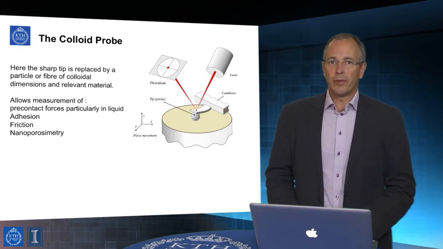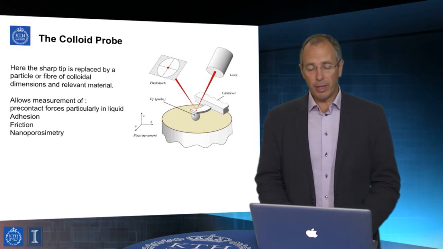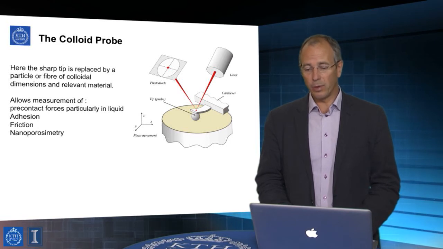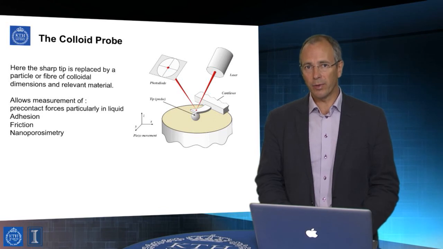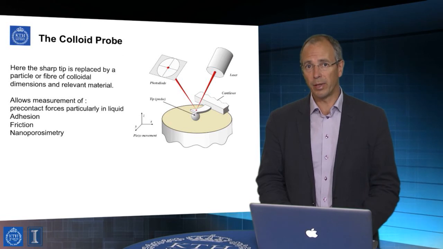A less common feature of AFM, which is something that interests me a lot, is the use of colloid probes. So it's not necessarily for characterizing surface topography, but it does give us a lot of information in some cases about material properties.